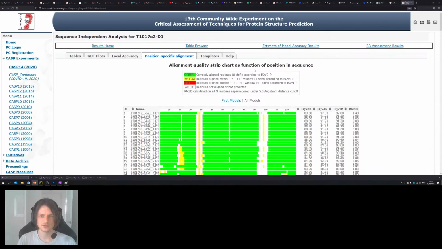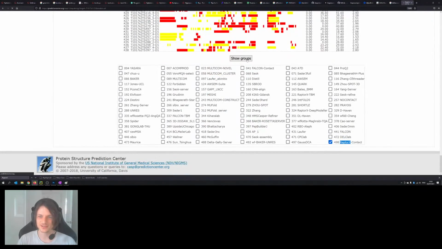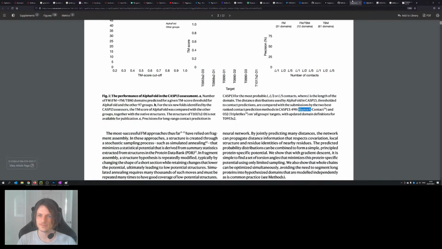Can I just see that? Quality. Is this RaptorX now? I can't quite tell. Show groups. Okay, this is it. So they were saying the submissions by the 2 best ranked, the distance distributions used by AlphaFold and CASP13 threshold to contact predictions are compared with the submissions by the 2 best ranked contact.